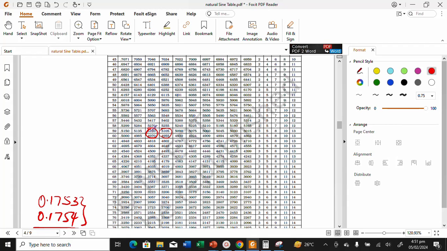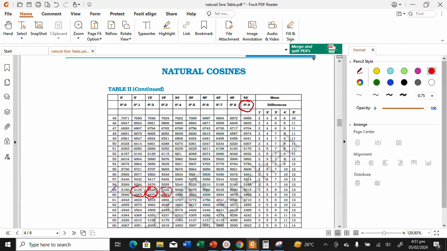So it's actually in between this and this. So it should be 59 degrees. Since it's in between these two lines, it's 59 degrees 12 minutes.